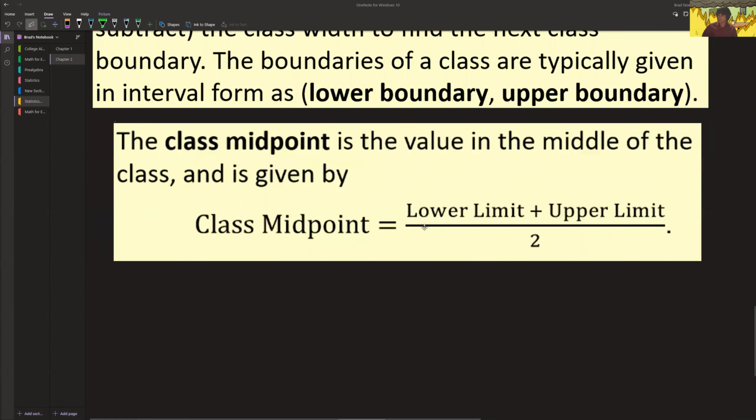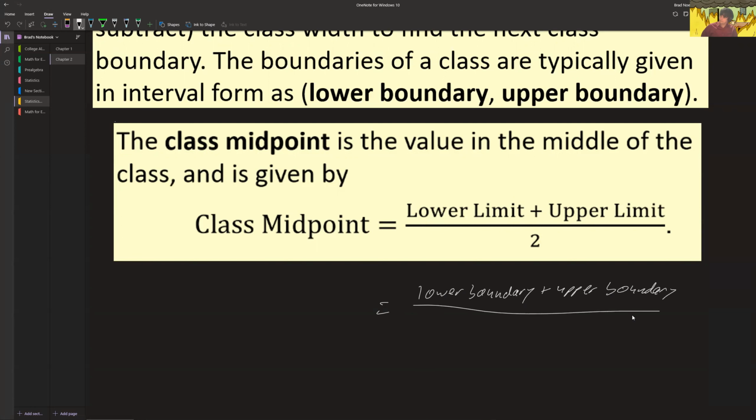So another formula for this could be your lower boundary plus upper boundary over 2. This one also works.